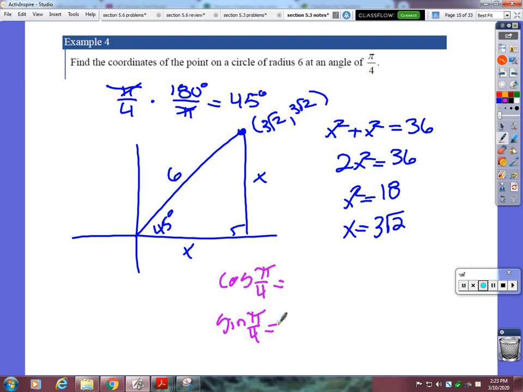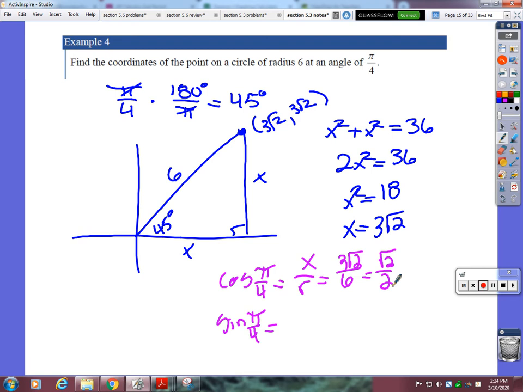What is the cosine of pi over 4? We know that cosine is x over r, right? What's the x coordinate? 3 root 2. What's the radius? 6. So the 3 and the 6 reduce to root 2 over 2. Okay? I just pulled that out of my brain.